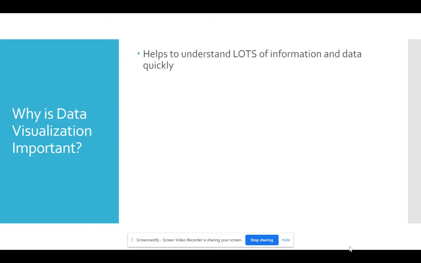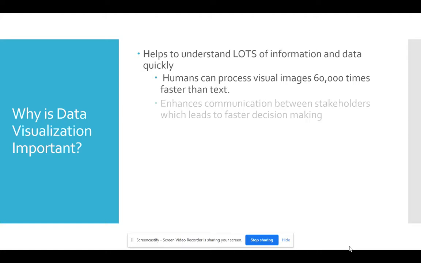So why is data visualization important? Again, it's a very easy way, using a picture or some sort of graph, to help us understand lots of information and data very quickly. Especially think about news reports on the television and that sort of thing. Humans can process visual images 60,000 times faster than text.